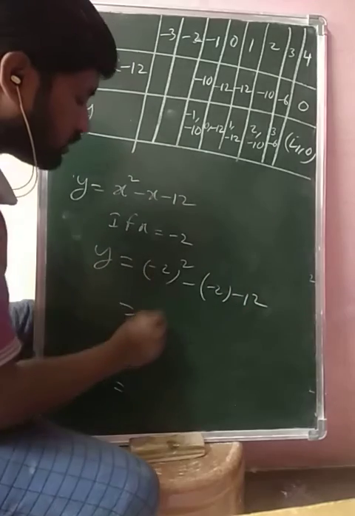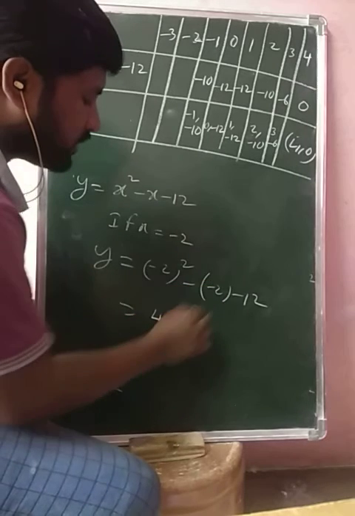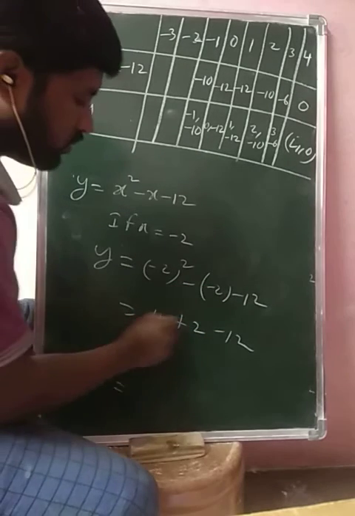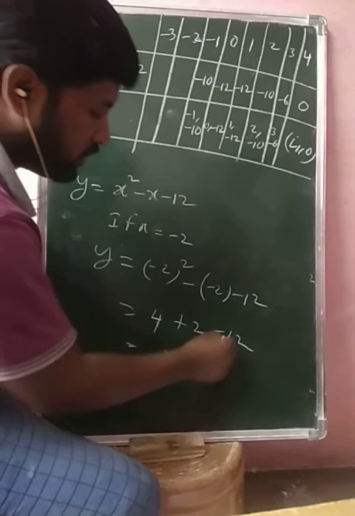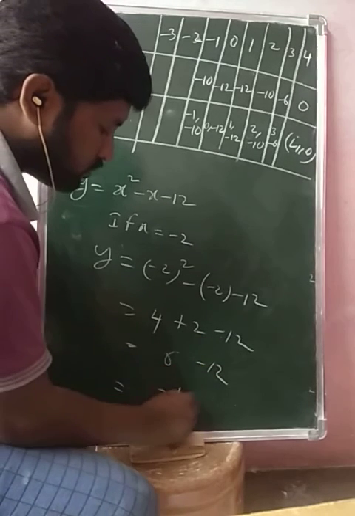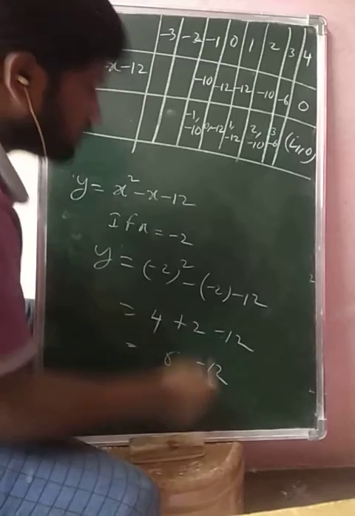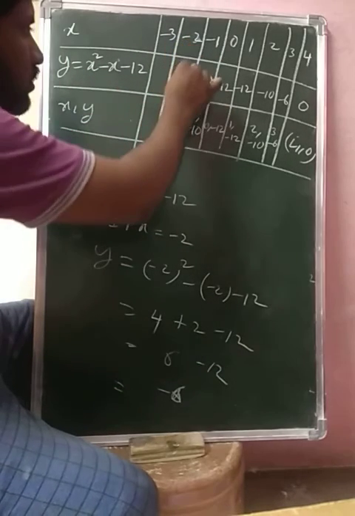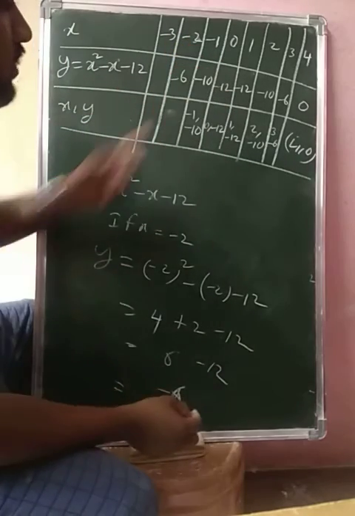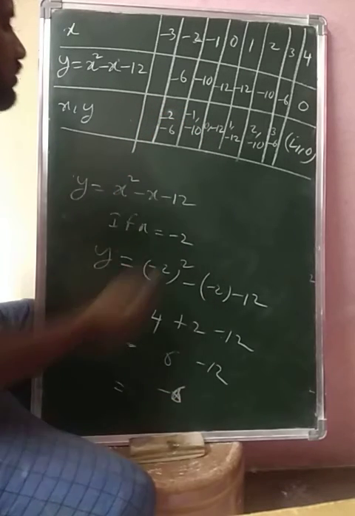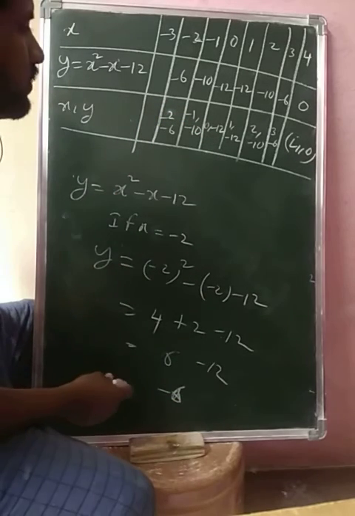Minus 2 whole square means that is 4, minus of minus, that is plus 2, minus 12. 4 plus 2, that is 6, minus 12, that is equals to minus 6 only. So if we substitute in the place of x minus 2, we get the value of y is equals to minus 6. So the required point is minus 2 comma minus 6, the x and y values.